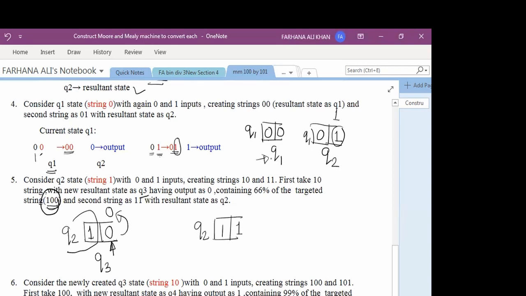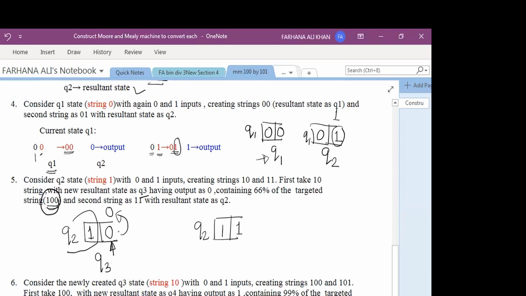Because Q1 was the rejected state, which is not containing any percentage of the targeted string 100. Here we are having Q3 whose previous bit is 1. After adding one more bit as 0, it is generating 66% of your required string 100. So this is 10, whereas Q1 was 0 only. So that is a huge difference between the Q1 state and the Q3 state.